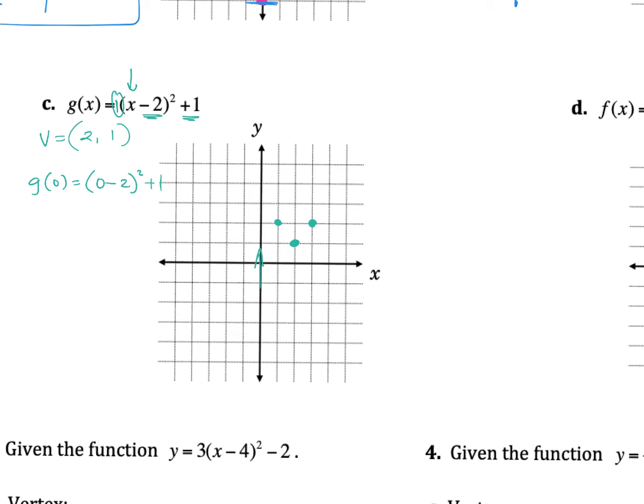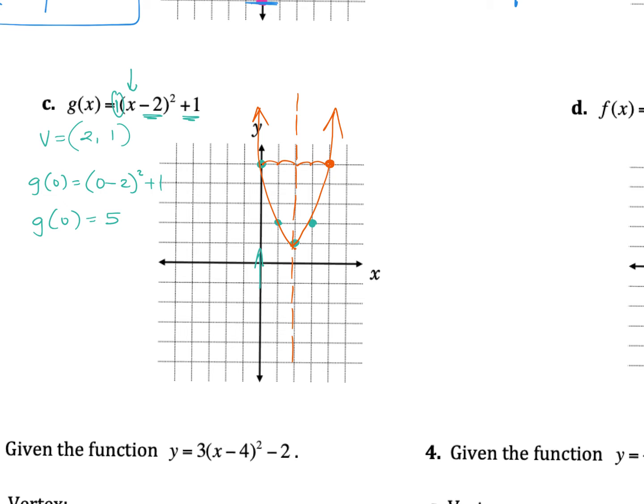So negative 2 squared is 4. 4 plus 1 means when x is 0, then y is 5. So that's the point 0, 5. 1, 2, 3, 4, 5. Okay, your axis of symmetry is right here. So if we're 2 to the left, go 2 to the right, and that will be another point on our graph. And then you would draw your U.